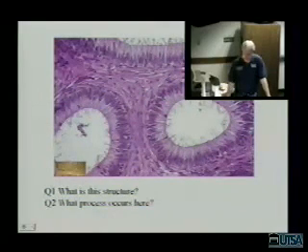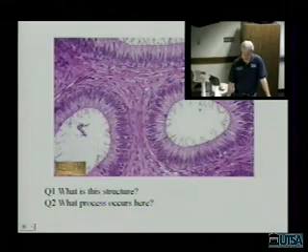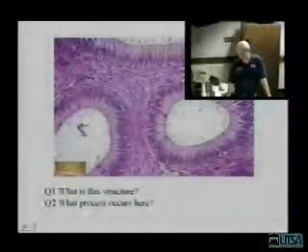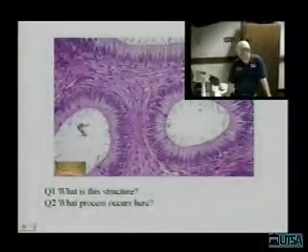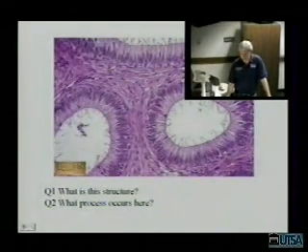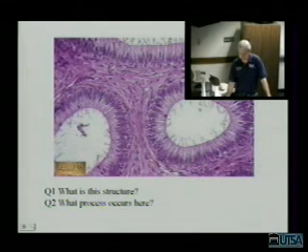The first one here, we're looking at tubular structures with a lumen. We see these long structures in the center. There's a connective tissue stroma, and there is a surface epithelium. It's a thick surface epithelium. The nuclei are all at the base of the cells toward the periphery of this structure, in the abluminal portion.